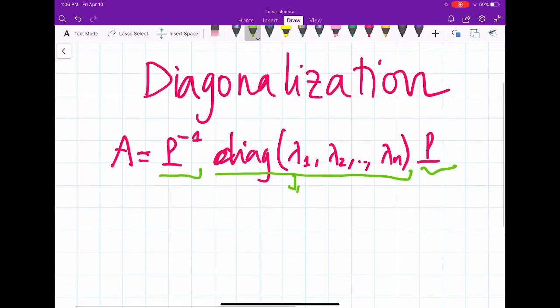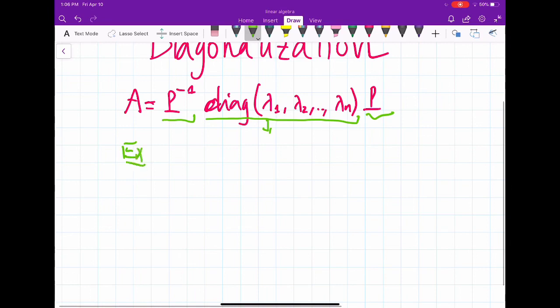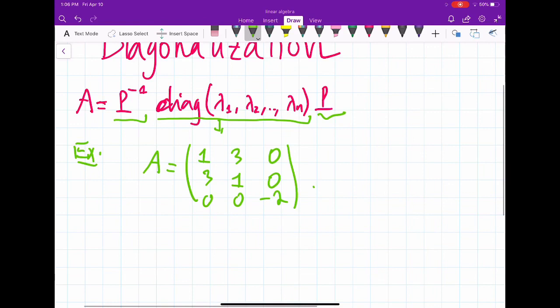Actually, we already discussed the following problem. We have matrix A equal to [1, 3, 0], [3, 1, 0], [0, 0, -2], right? And we found all eigenvalues of this. We have 4 and -2. That is eigenvalues.